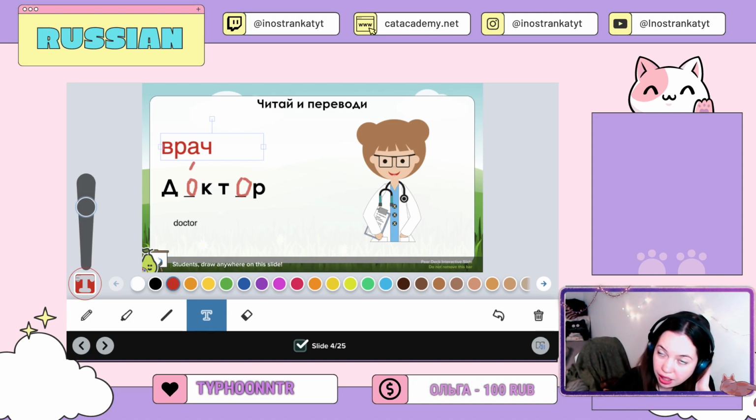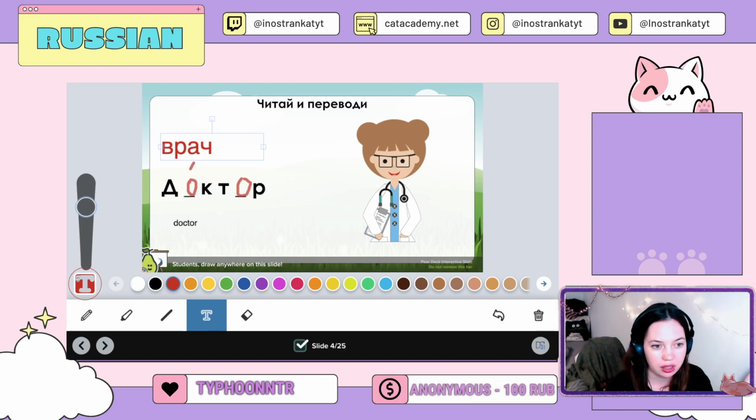Basically, I think the word доктор is more of a loan word that we took from the Latin language, and врач is probably more traditional, but both are completely fine. They are synonyms, equivalent, and everyone would understand you. I guess доктор would be easier for foreigners because, if you know English, it's the same.